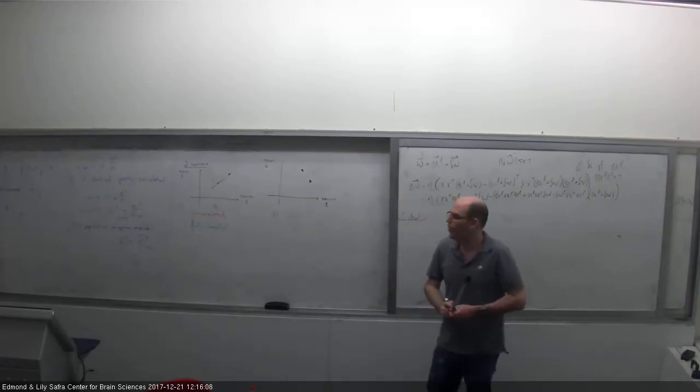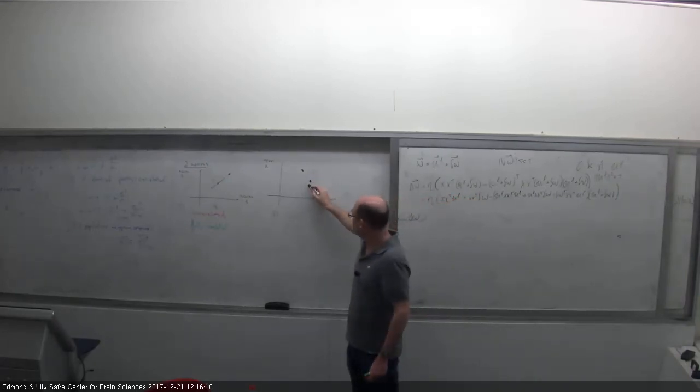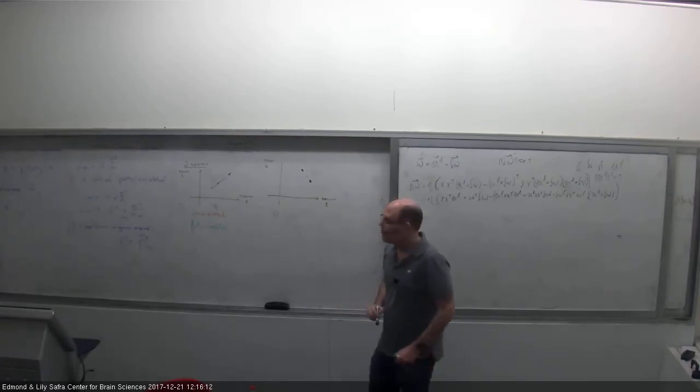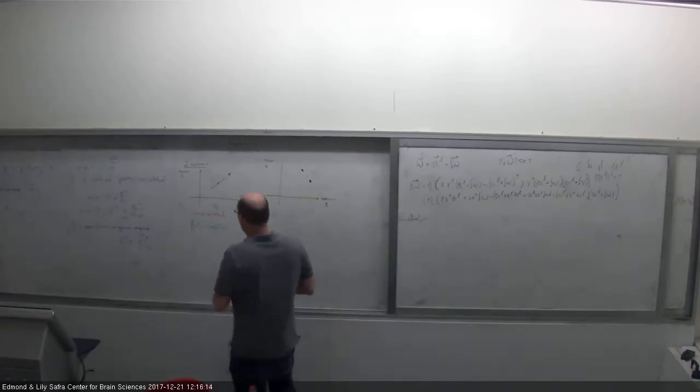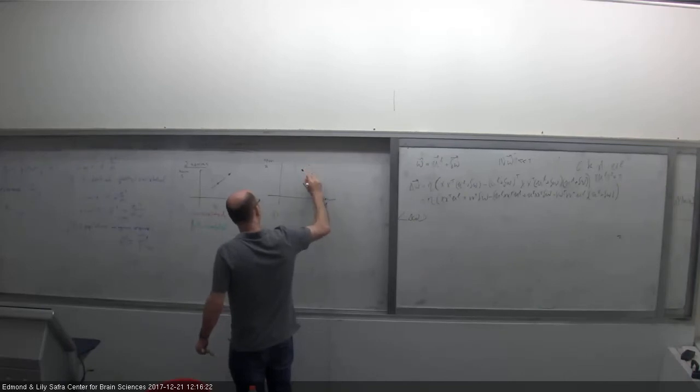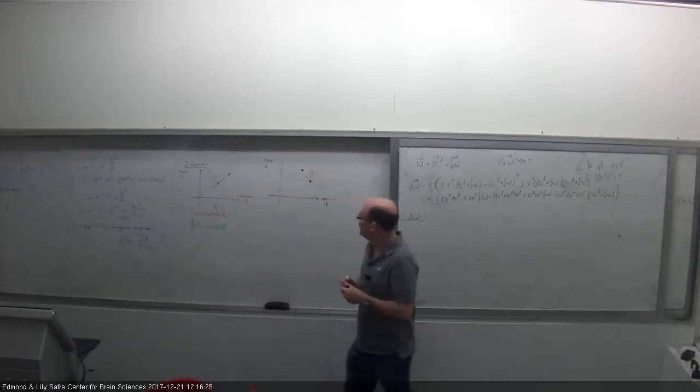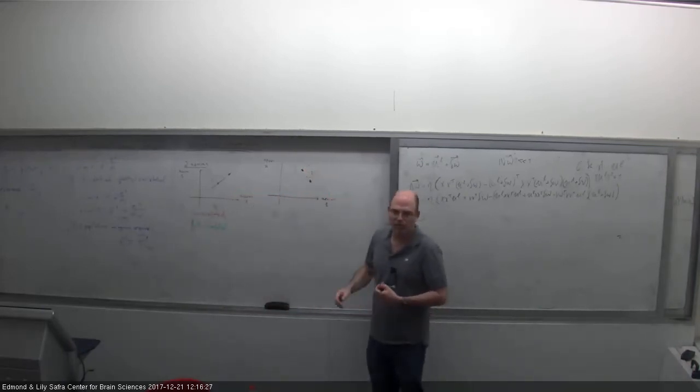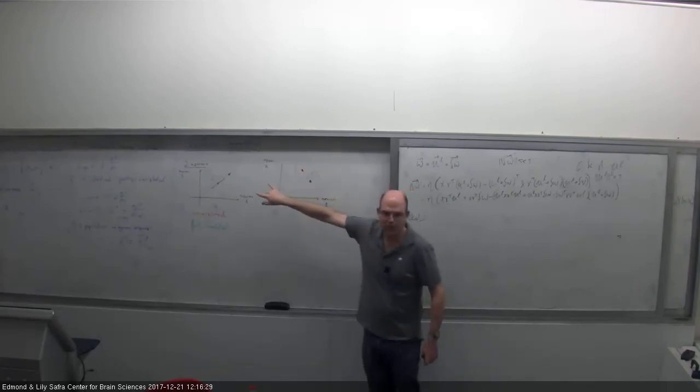One neuron responds more, the other neuron responds less. And so I could still draw the distribution of responses in the two cases. You can appreciate that for the uncorrelated case, it really doesn't matter that the points are here or here versus here or here.